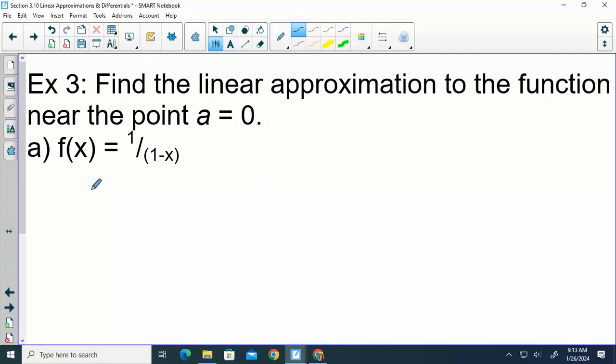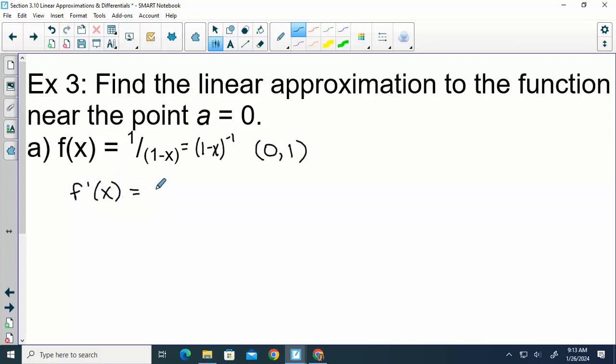So, for the first one, if my a is 0, what do we get when we plug that in? 1. It's 1 over 1. All right, now we need the derivative. Keep in mind, this is the same thing as saying 1 minus x to the negative 1 power.